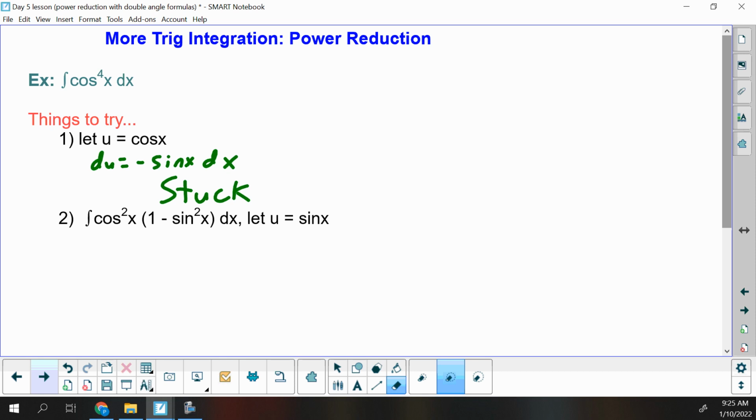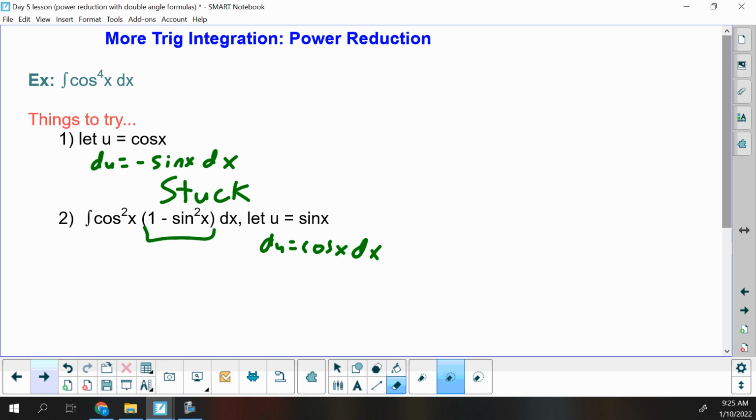Well, cos to the 4th x, we can think of it as cos squared times cos squared, and then we can let one of those be a 1 minus sine squared x. So it's kind of like you're setting aside a cos squared x. If we let u equal sine x, we would have du equals cos x dx. So this would be 1 minus u squared.